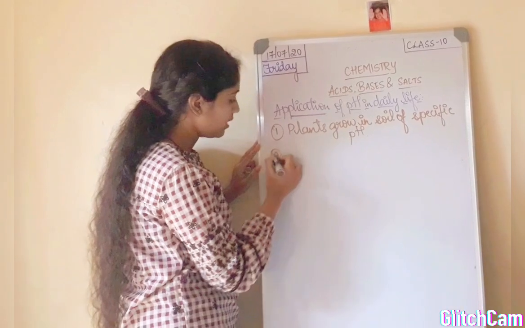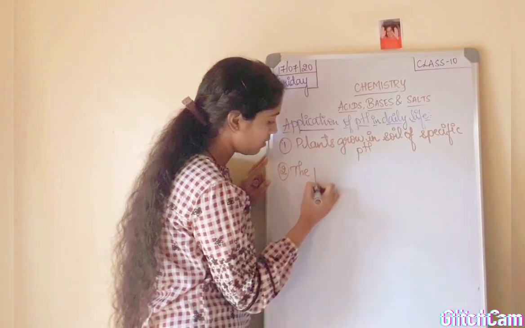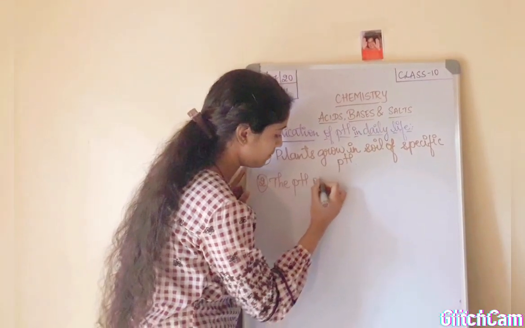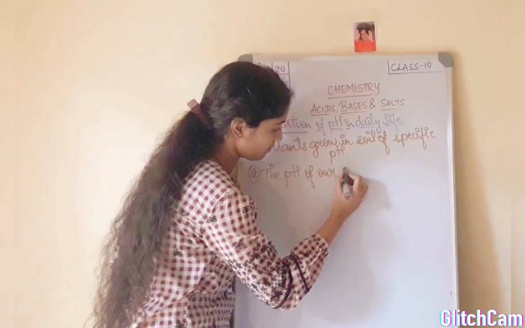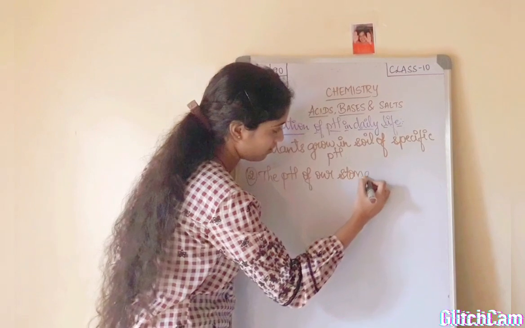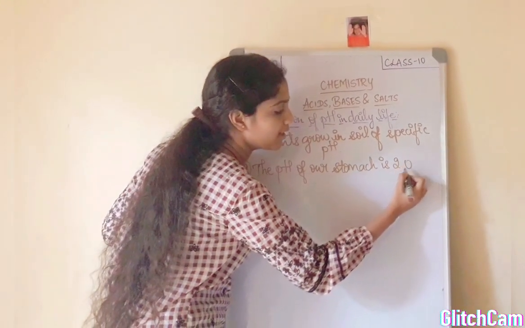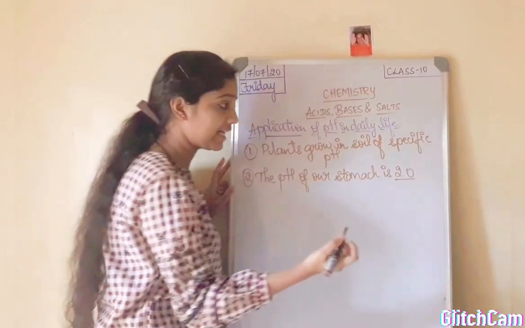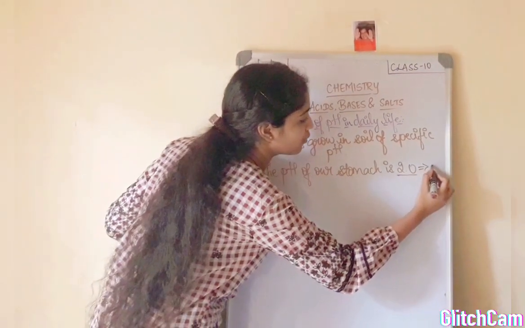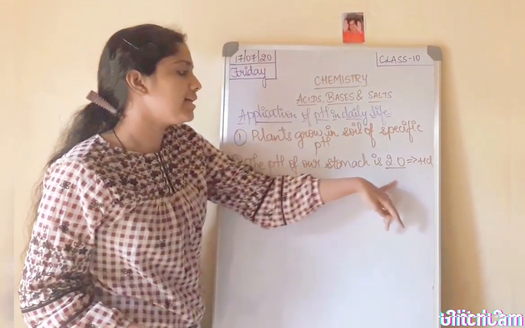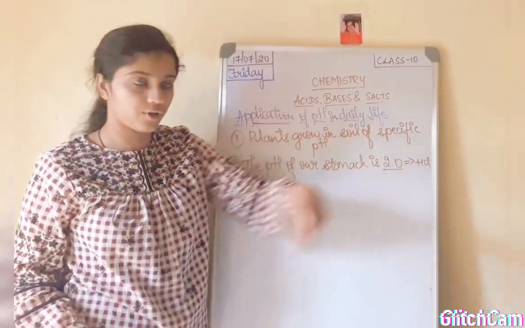And the pH of our stomach is 2 because of the secretion of hydrochloric acid.